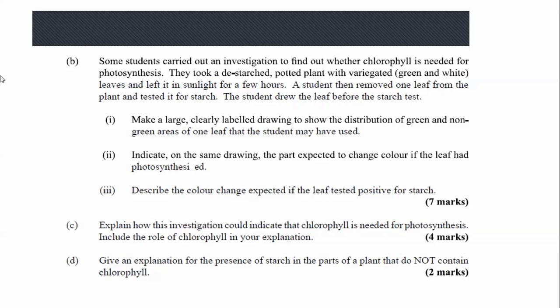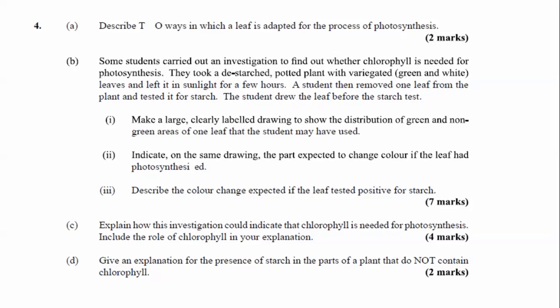The lab was where you boiled a variegated leaf, which is a green leaf with some parts that are white. You boiled that leaf to kill it, essentially, and then you would place it in boiling ethanol to decolorize it.